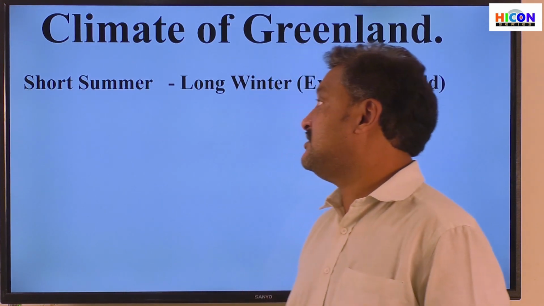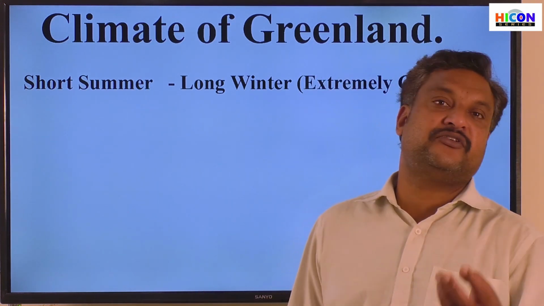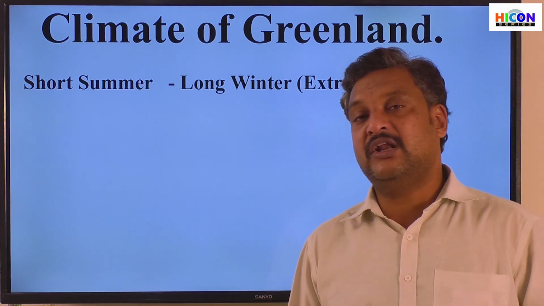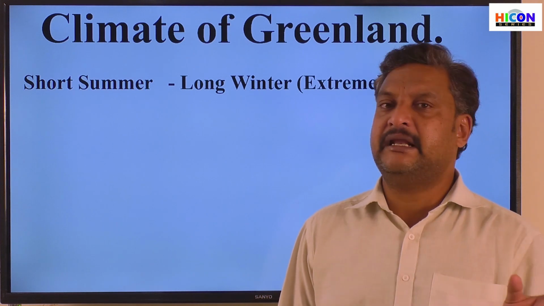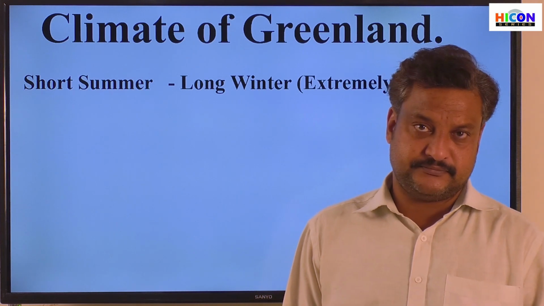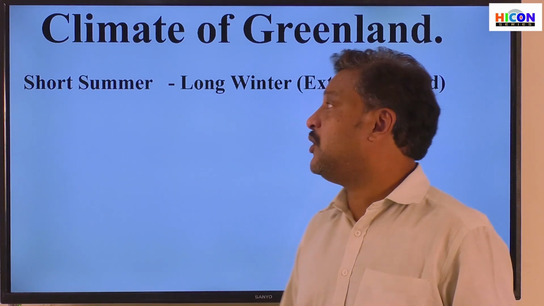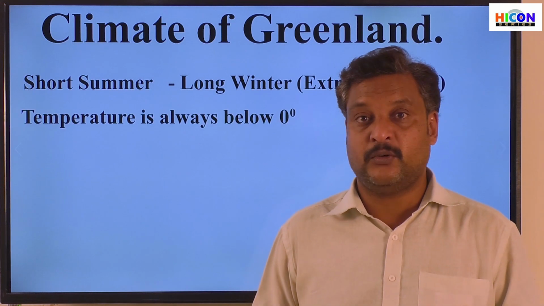Okay, so because of this reason, summer is hardly around 3 months in this region. Out of 12 months, 3 months are summer, and the remaining 9 months are winter. So short summers, long winters. And how are the winters? Extremely cold. Right?